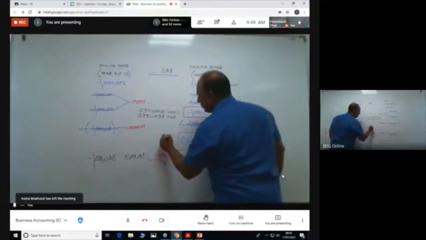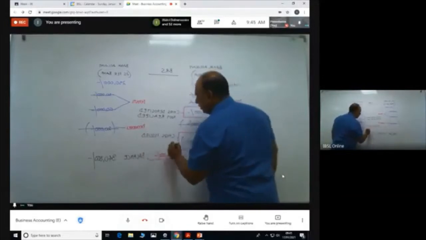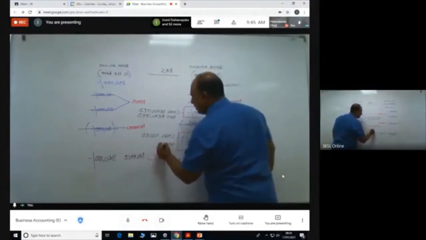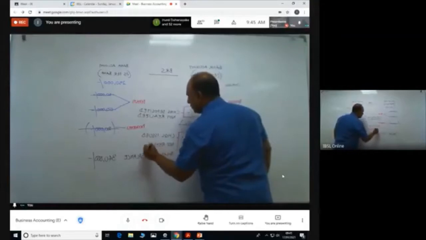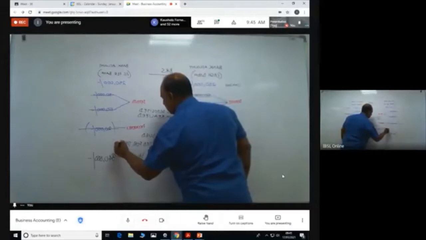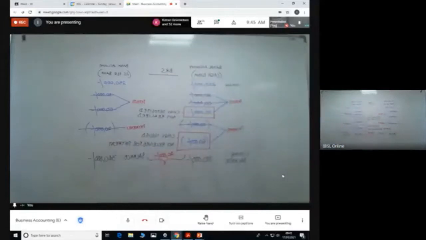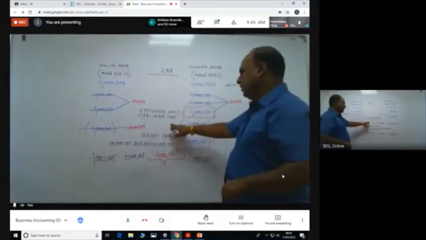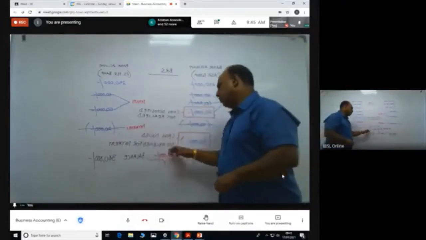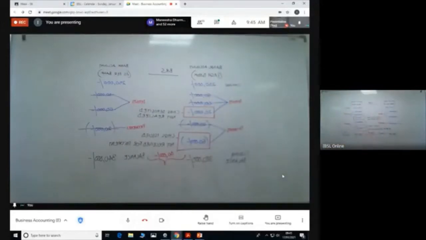Checks issued, not received for payment. You see, the first instance, checks deposited, not realized. Here, checks issued, but not received for payment. So the bank has not got this check yet. As a result, they haven't debited my account.